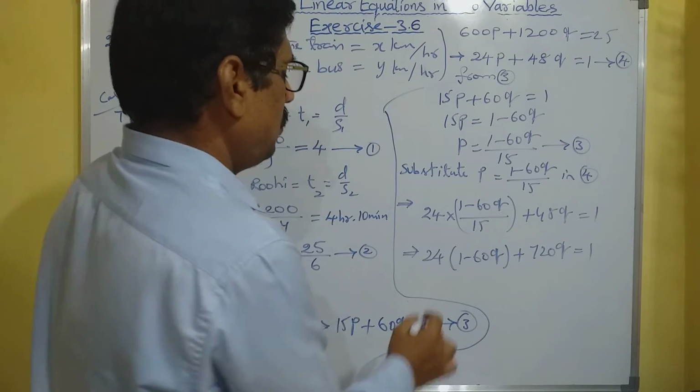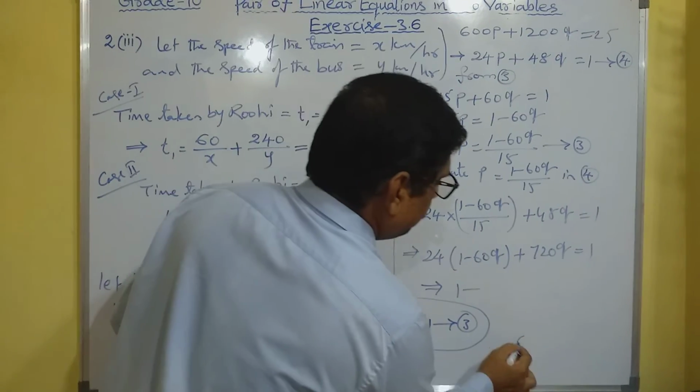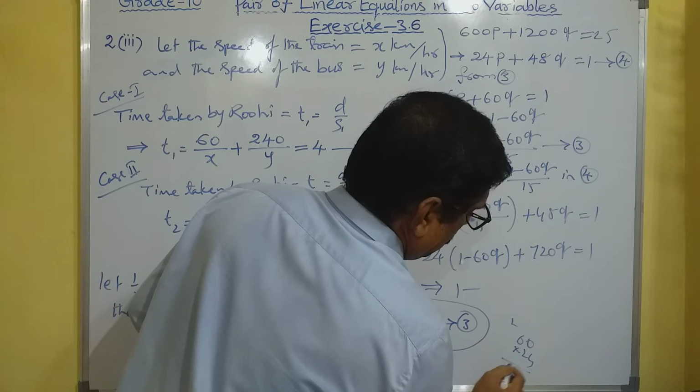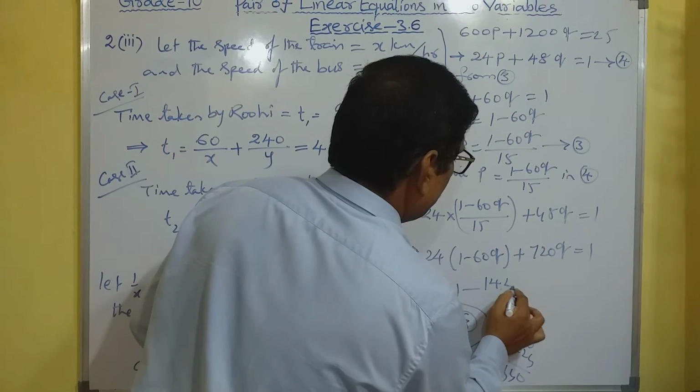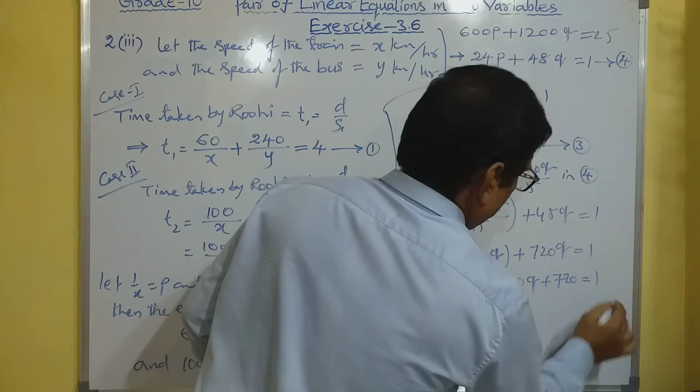Now look at this. 1 minus 60 into 24 is 1440q, so 24 minus 1440q plus 720q is equal to 15.